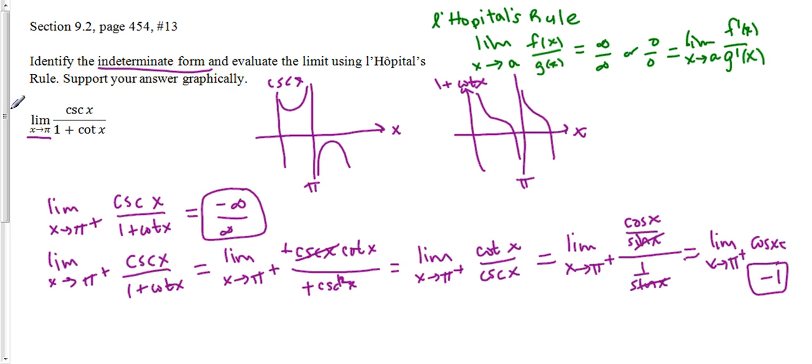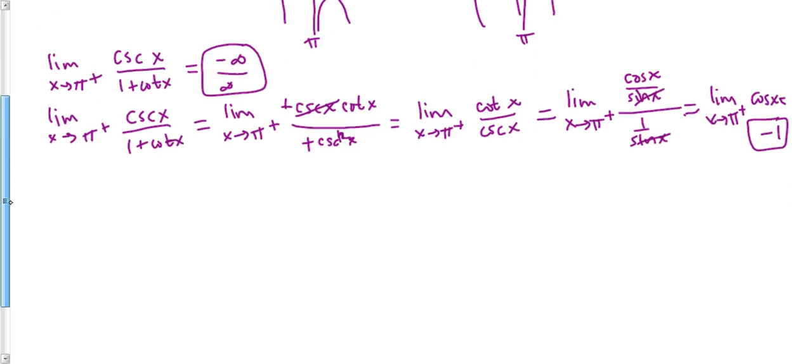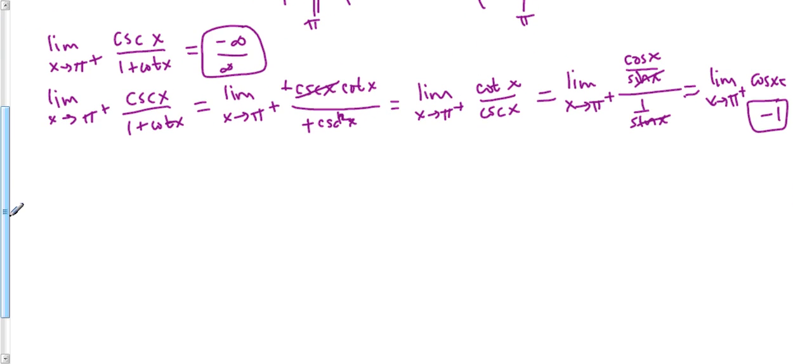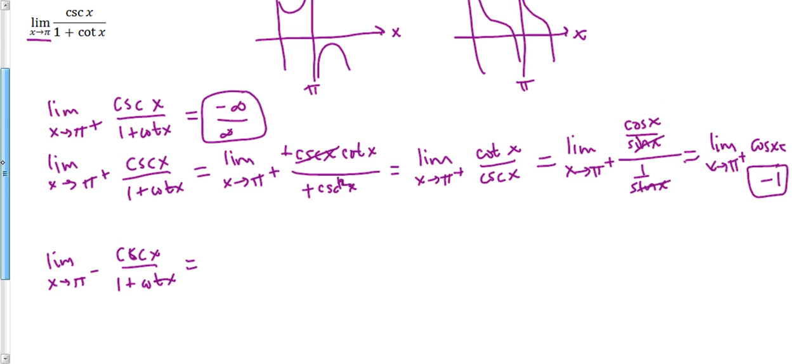And now I need to go and look at my left-handed limit. So now I'm going to have the limit as x goes to pi from the negative direction of cosecant x over 1 plus cotangent x. And again, I want to refer to my graphs.